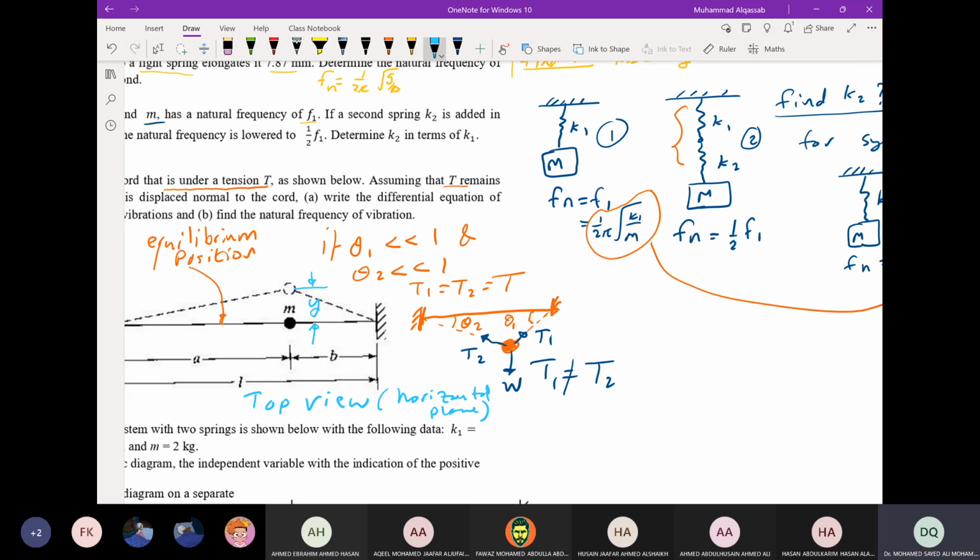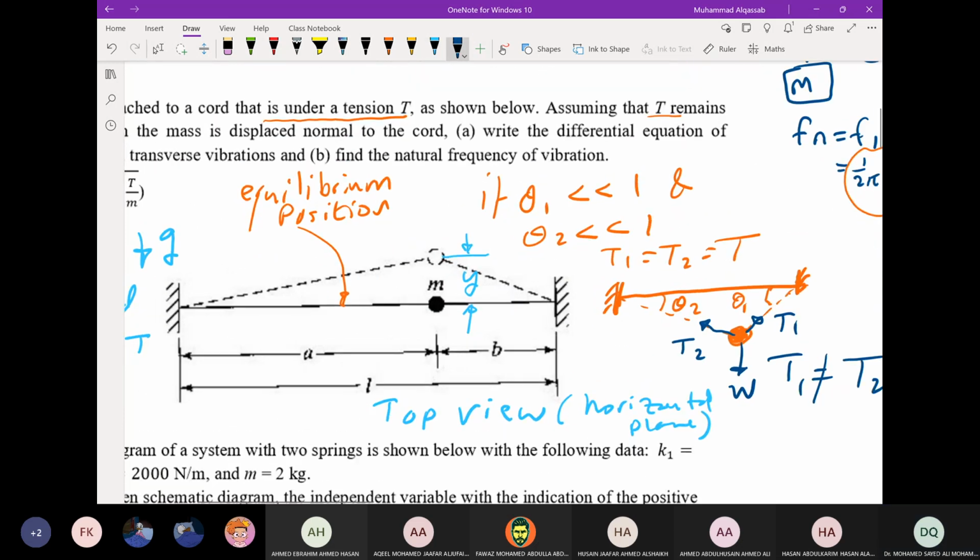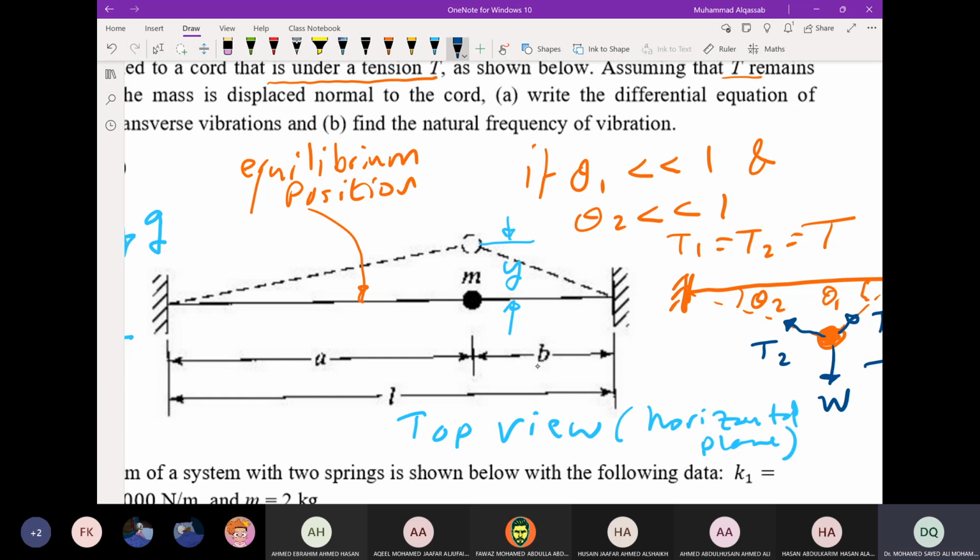So the free body diagram becomes, if you take this as theta 1, and this as theta 2, and the tension T here, and the tension T here. Okay, if you want to make T1 equal to T2, no, I mean, just name them T1 and T2.